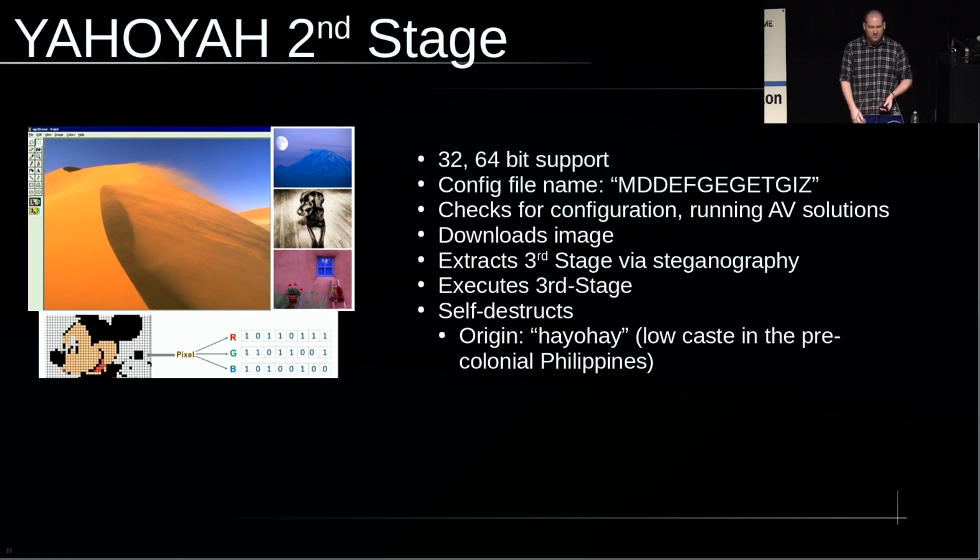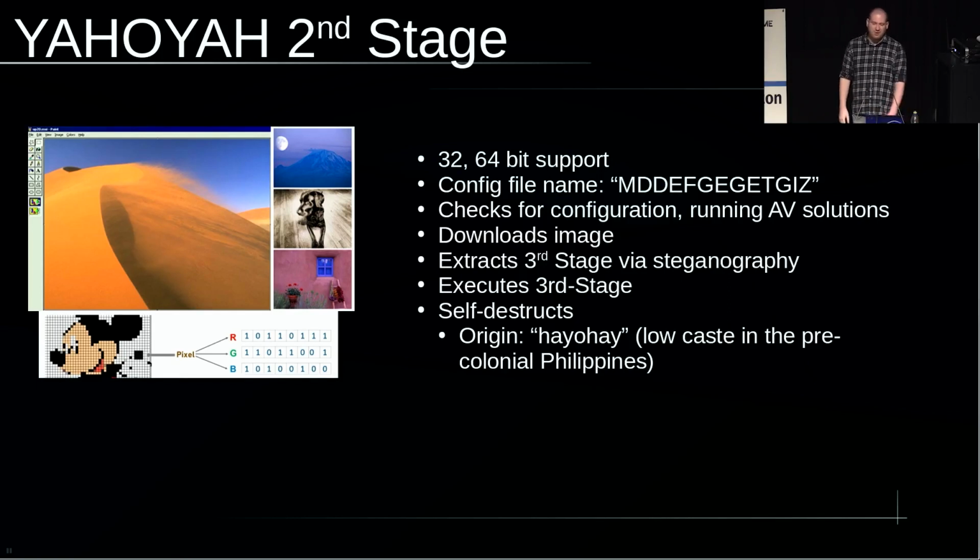And that's how we end up with malware with support for 64-bit execution and pseudo-randomly generated config file names that look like gibberish, checking for whether an AV solution is running and then terminating it if it is, and instead of just downloading and executing a payload, downloading and executing a payload embedded inside an image via the use of steganography.